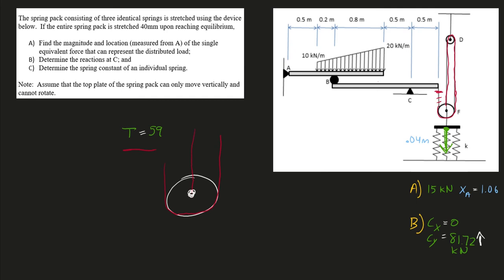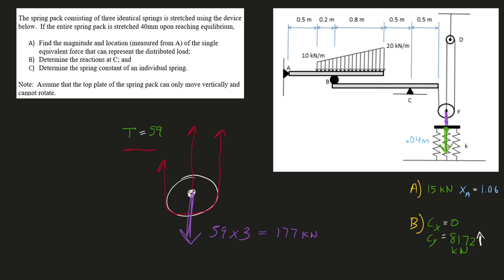And then we actually have a different rope going downwards. So I have 3 of these 59s going upwards, one unknown rope force going downwards. That's going to have to be 59 times 3. You get 177 kilonewtons. So this force right here in our purple rope is 177.